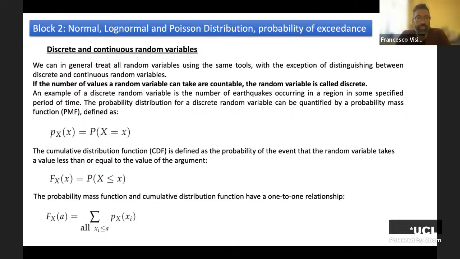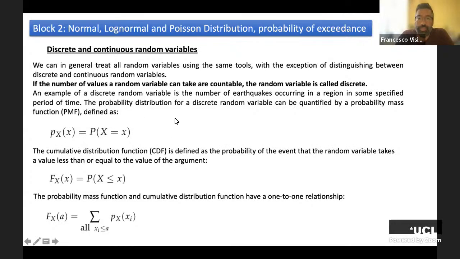There are two main differences in the random variable if we treat discrete and continuous random variables. If the values a random variable can take are countable, for example, obtaining the value 1, 2, 3, 5, 6 on a die, or the number of earthquakes we can have in a region in a given period of time, this random variable is called discrete because it can take only a countable number of values.